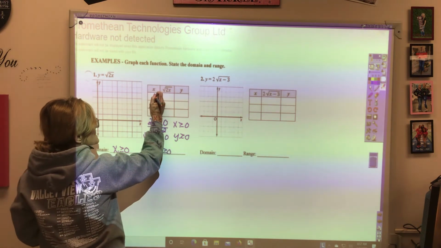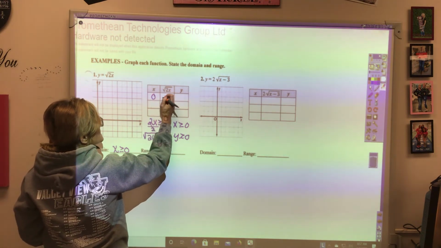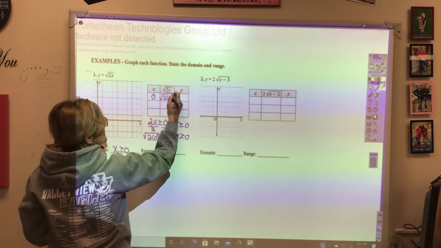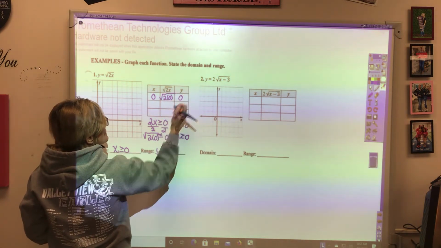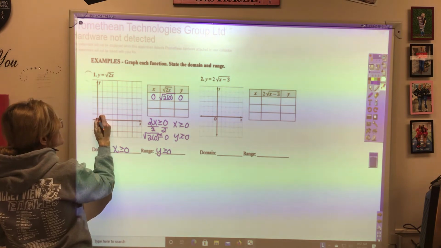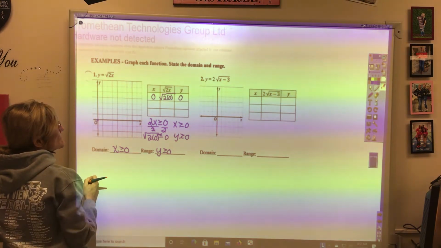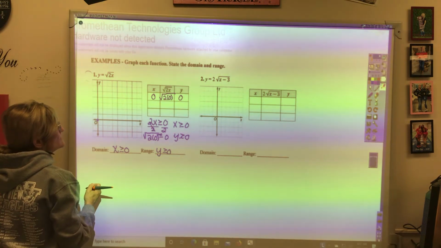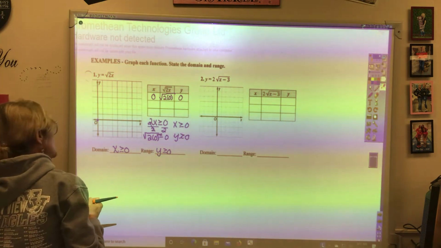So when we plugged in a 0 for x, that's what you could put in your calculator. You get a 0 for y, so we have a point at 0, 0. Then let's say we plug in a 2.